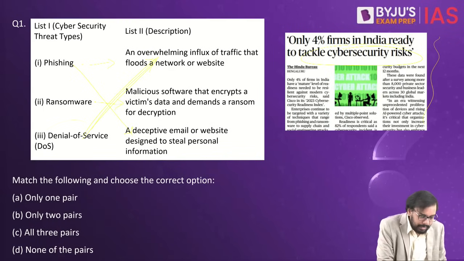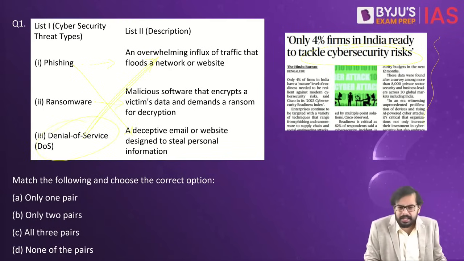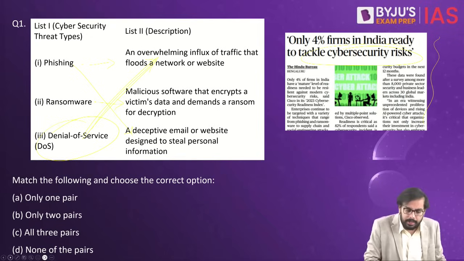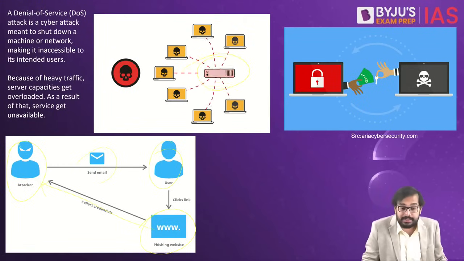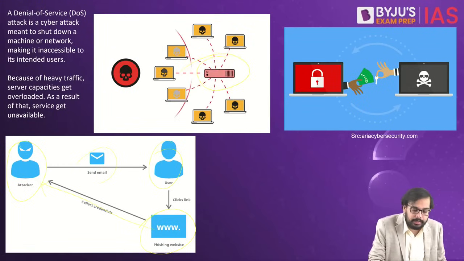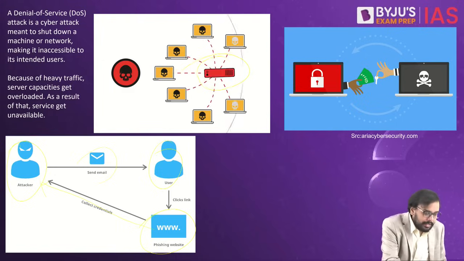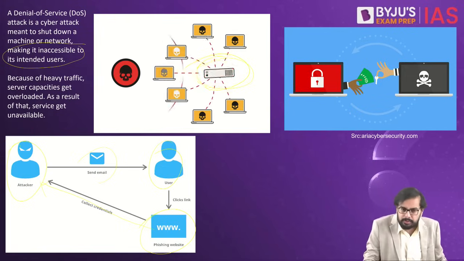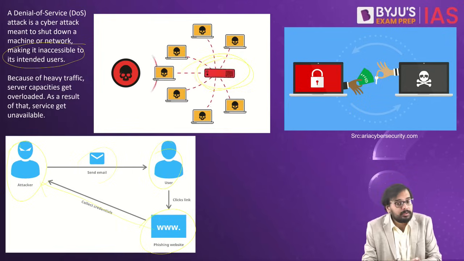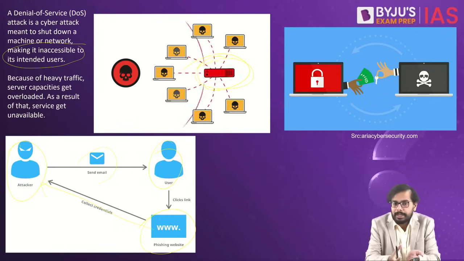But what is denial of service? Denial of service is a cybersecurity threat where the attackers overburden the server. It is a cyber attack that is meant to shut down a machine or network, making it inaccessible for the intended user. The attackers overburden the server so much that the intended user will not be able to use it.